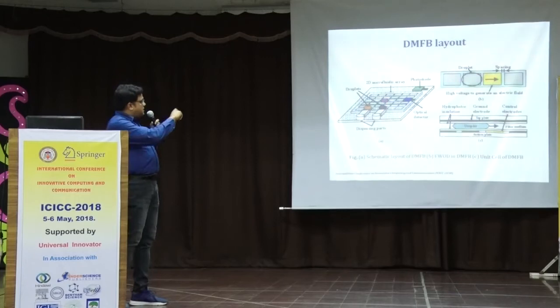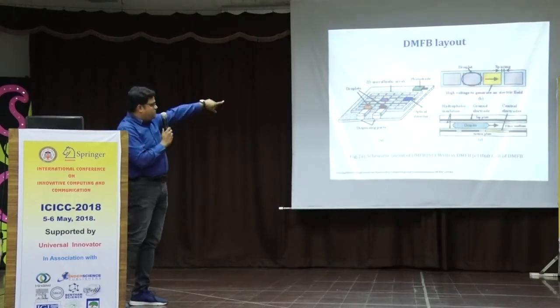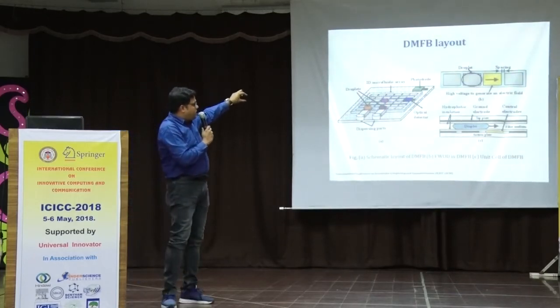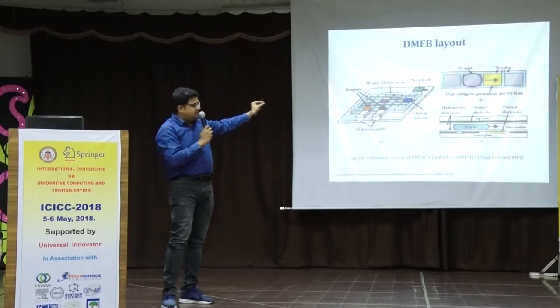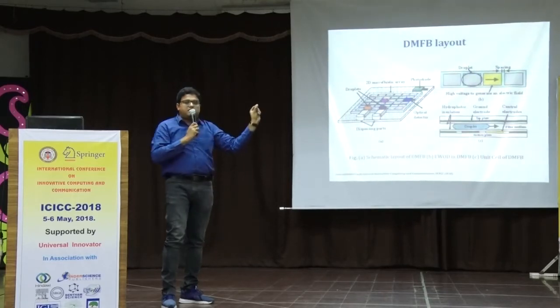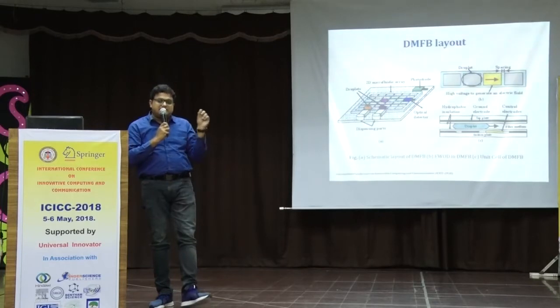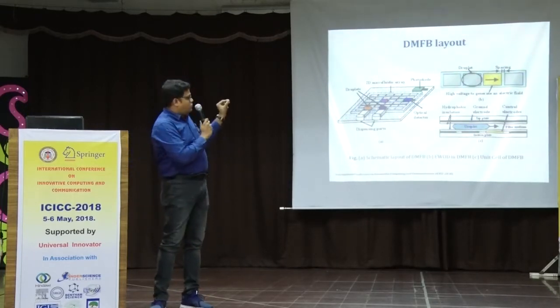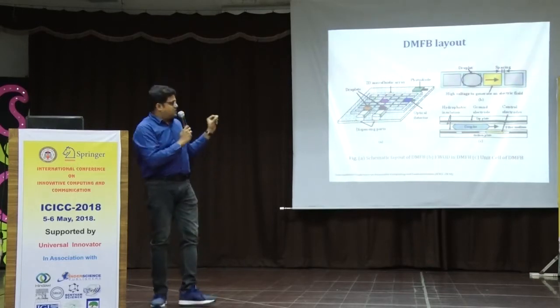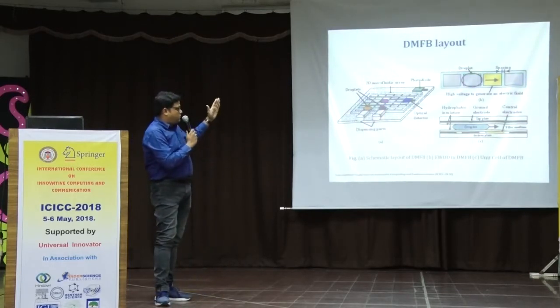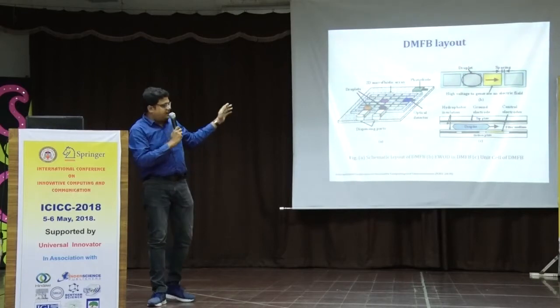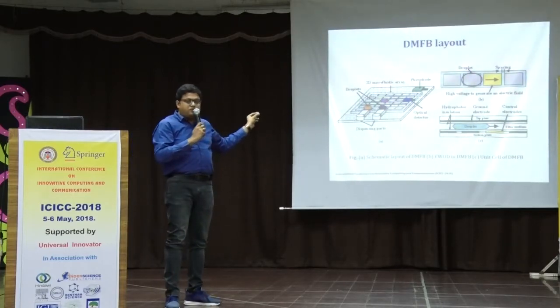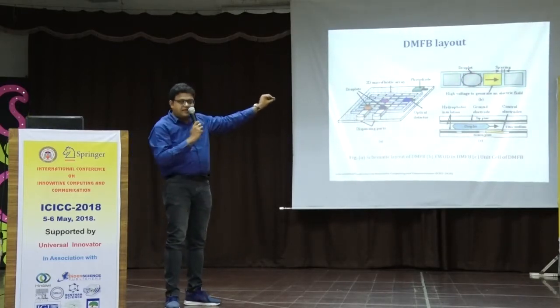So over there you can see in the B diagram, the micro array of electrodes, each of the cells are separated with a little bit of spacing. These spacings tend to be 0.4 micrometer or 0.2 micrometer. So from one particular electrode array cell, we need to move the droplet from one location to the next location.